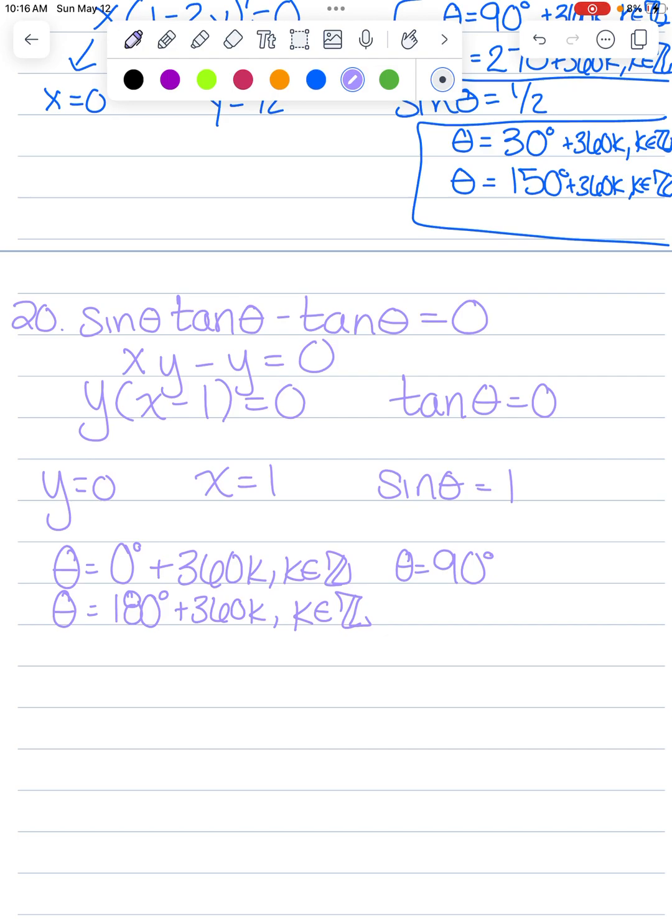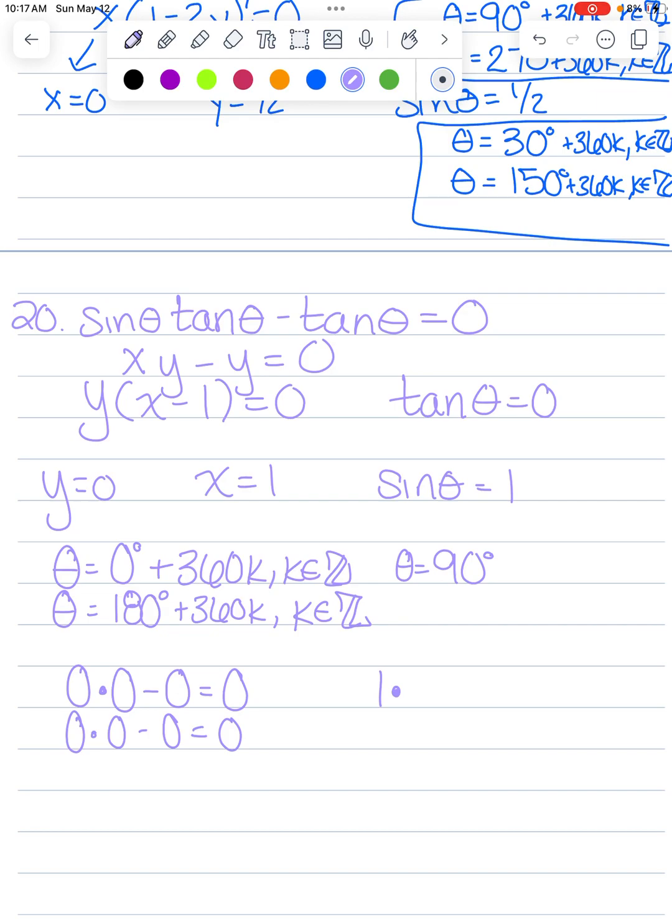I got a little lazy, I'll be honest with you. Okay, at 0 degrees, sine is 0. Tangent is 0. 0 minus 0 is equal to 0. Yeah, that one works. 180 degrees, same thing's going to happen. 0 times 0 minus 0 is equal to 0. It's fine. But at 90 degrees, sine of 90 degrees is 1, but tangent of 90 degrees is undefined.